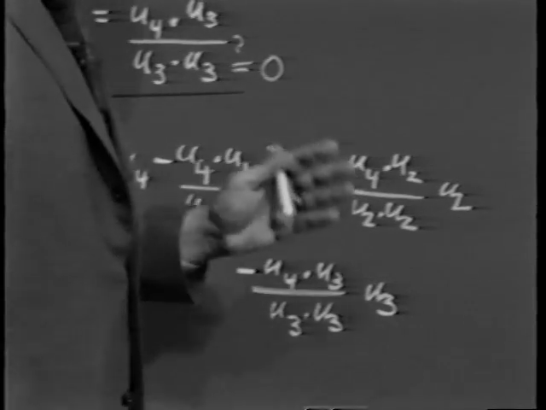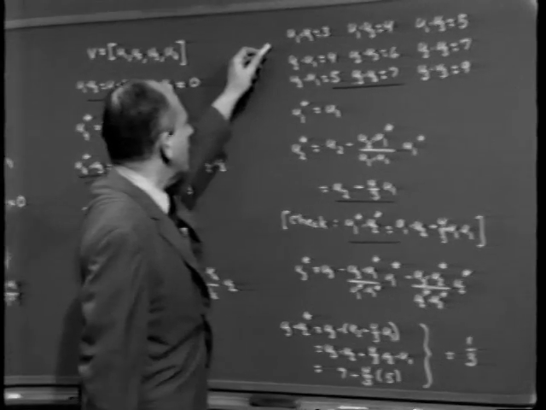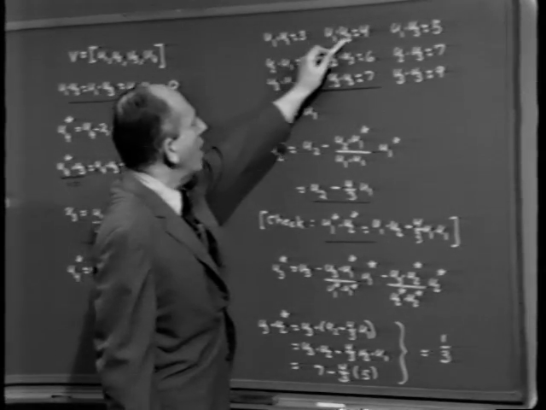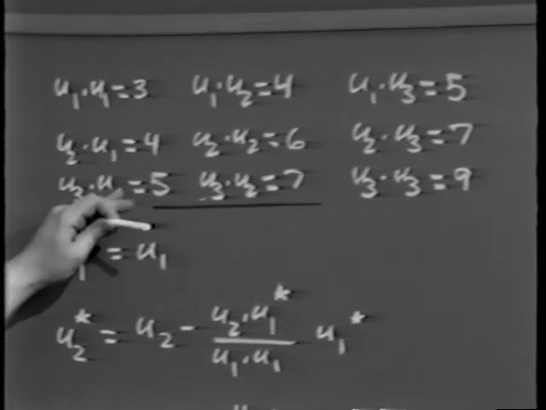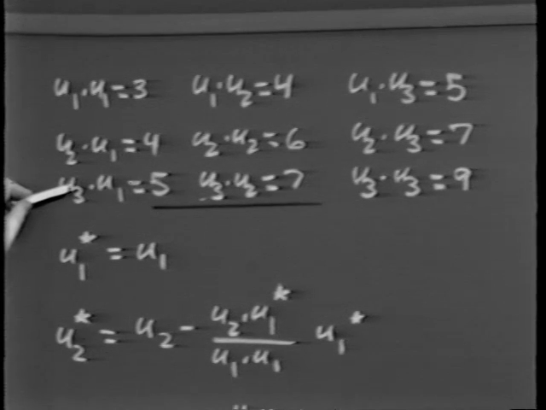Now, to show you how this works, let's come back to our original problem, which I've reproduced over here. Remember what we had? We had that u1·u1 is 3, u1·u2 is 4, u1·u3 is 5, etc. I'll refer to this as I need it. Let me show you how the Gram-Schmidt process allows me to find from this an orthogonal basis.